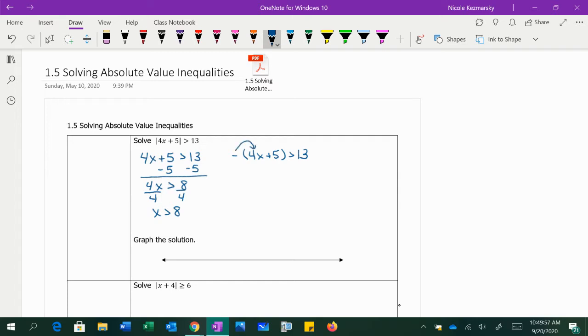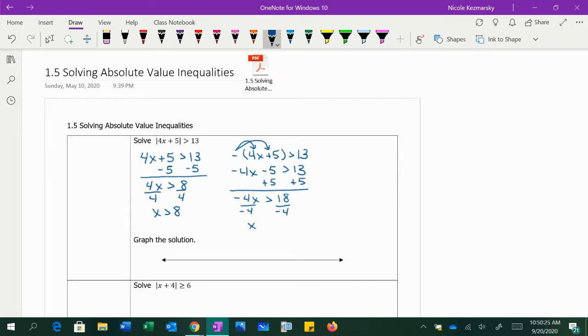So I'm going to go ahead and distribute just like we did before. And I'm going to get negative 4x minus 5 greater than 13. Add the 5. And get negative 4x greater than 18. Divide by negative 4.